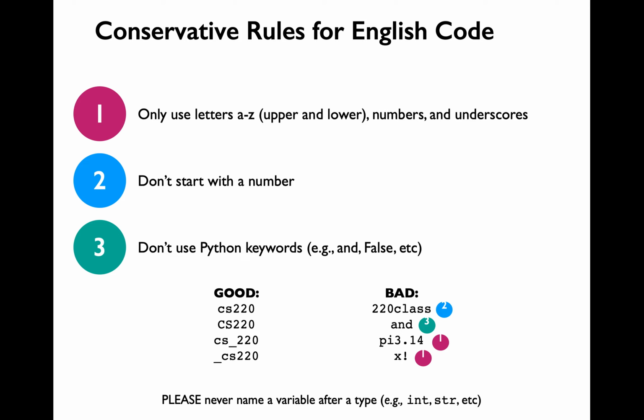That is because you'll be redefining the meaning of that special word, which can have unpredictable consequences with respect to bugs in your program. You definitely don't want to have the overhead of debugging such an issue. So please stay away from using names which have special meaning in Python as your variable names.